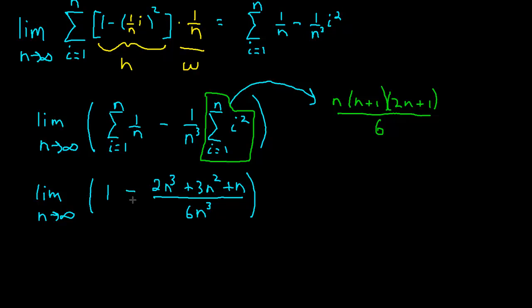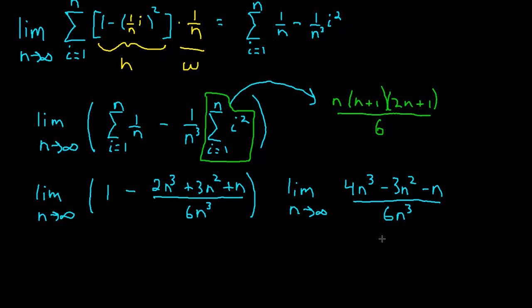Now, combining these two things together, if I find a common denominator and combine these two, I get the limit as n goes to infinity of 4n cubed minus 3n squared minus n, and this is all over 6n cubed.